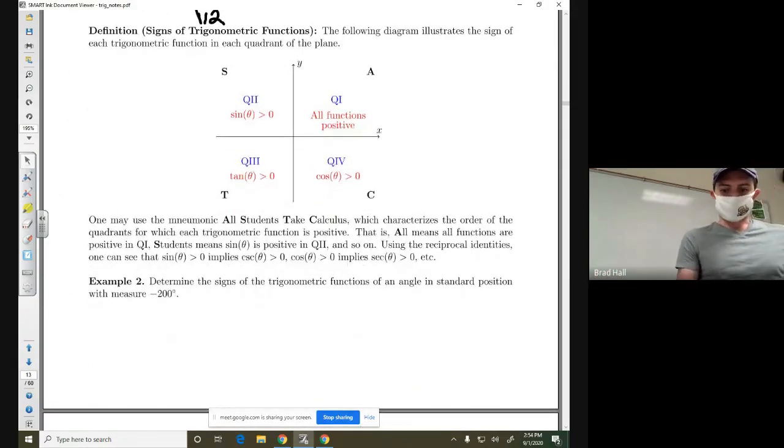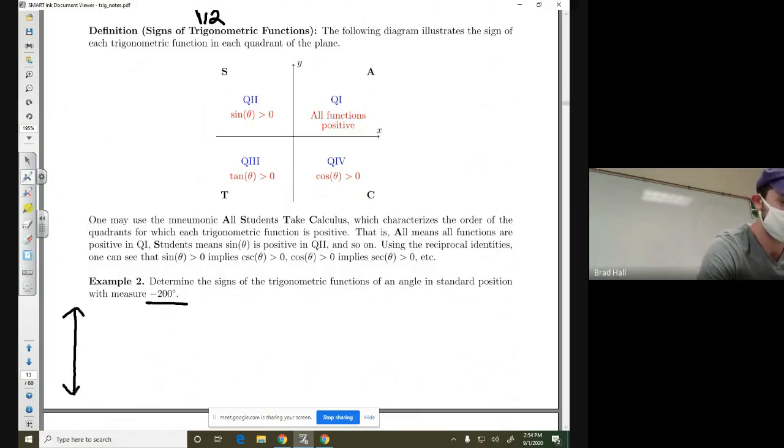Determine the signs of the trig functions, and they say for a measure of negative 200. It's not saying determine the trig values, it's saying just figure out if it's positive or negative for each trig function. So where is negative 200? How do we figure out which quadrant that's in? Well, it's negative, which means we have to go clockwise.